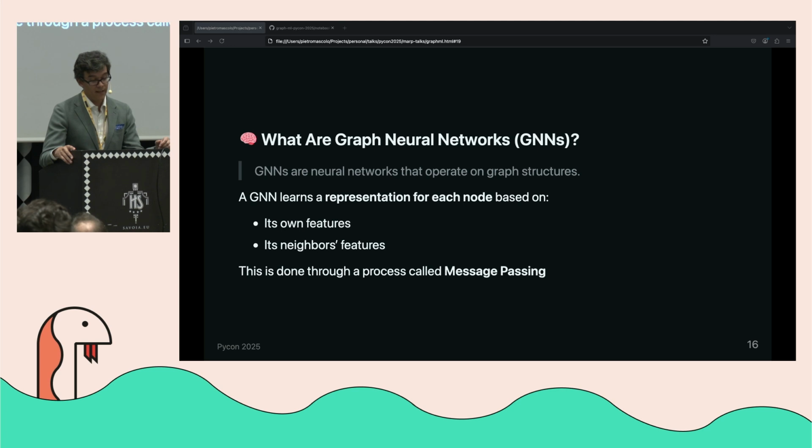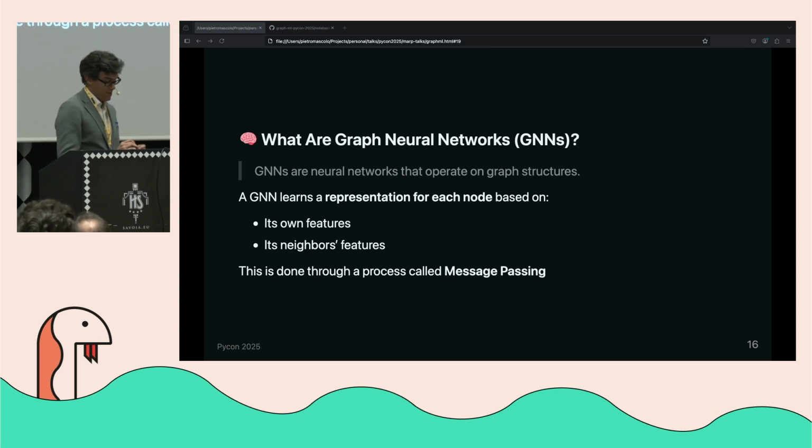The way it learns is it learns a representation, an embedding, for each of the nodes based on the node's attributes and its neighbors' attributes. And it generates an embedding that can be used for future inferences, or it could be used in a subsequent neural network or other model for predicting something or for classification or what have you.